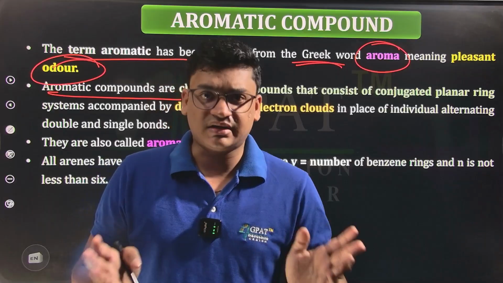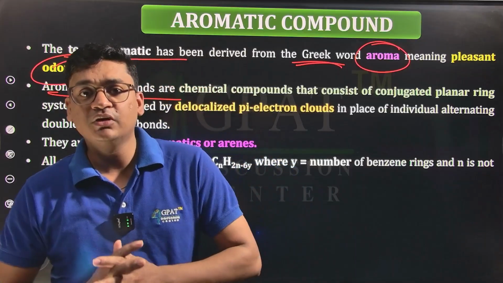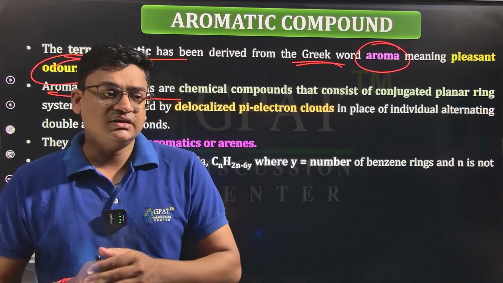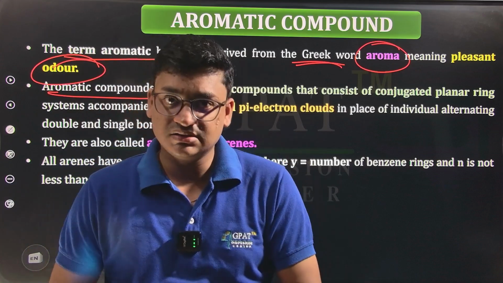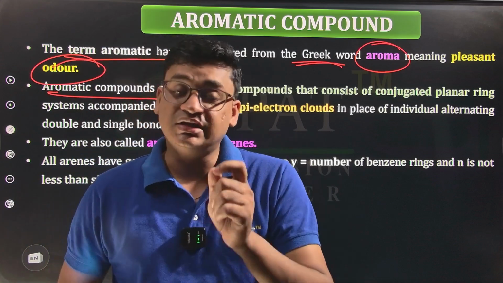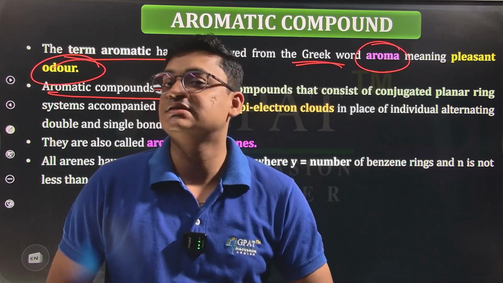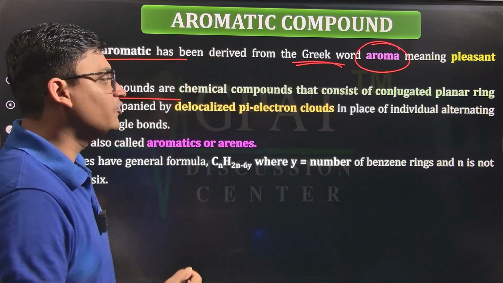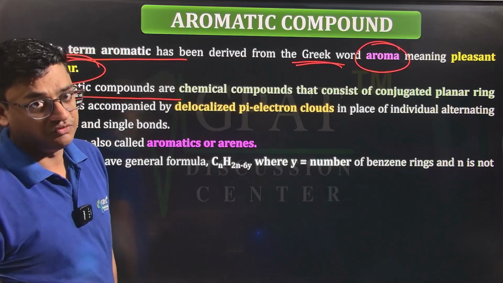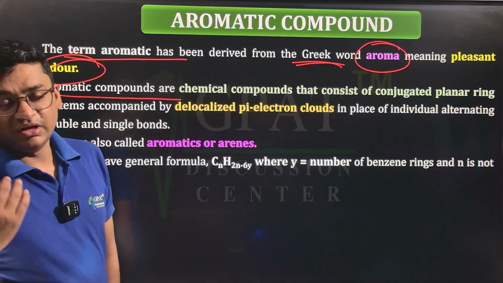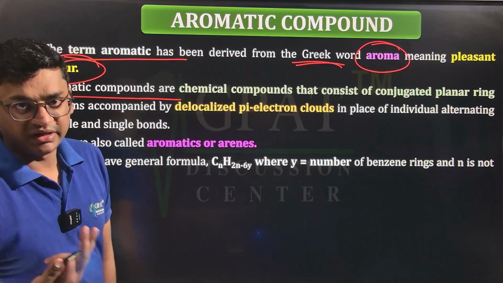So there are some characteristics, some basic properties, and if the compound follows these few conditions, then only can we say this is an aromatic compound. We are going to discuss one by one these conditions that a compound must fulfil to express its aromatic character.